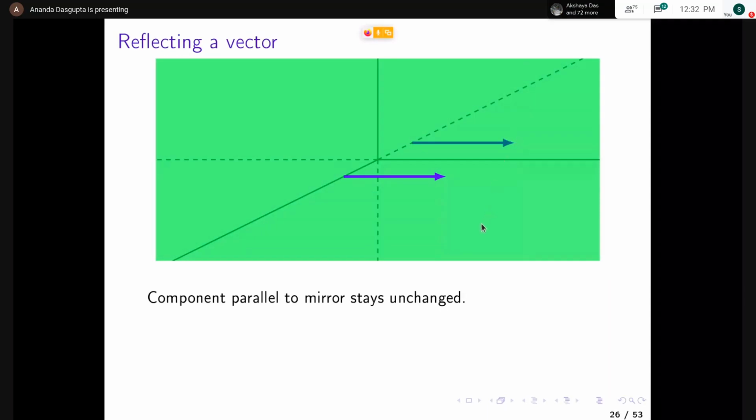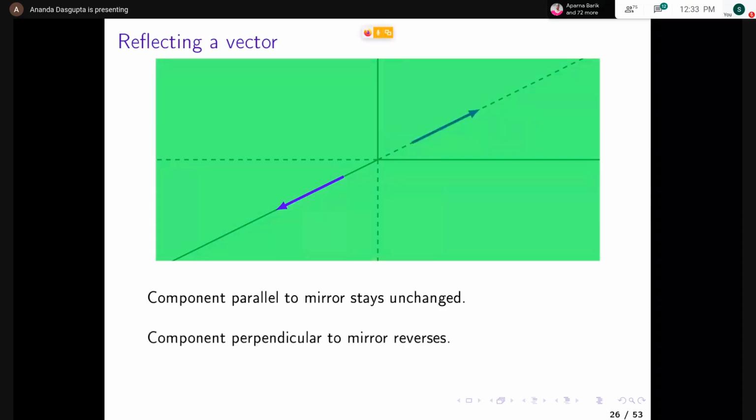So if you think of this as a velocity vector, the component parallel to the mirror stays unchanged on reflection. The component perpendicular to the mirror, if I were to walk away from the blackboard, my image in this blackboard-cum-mirror would move back away from me, right?